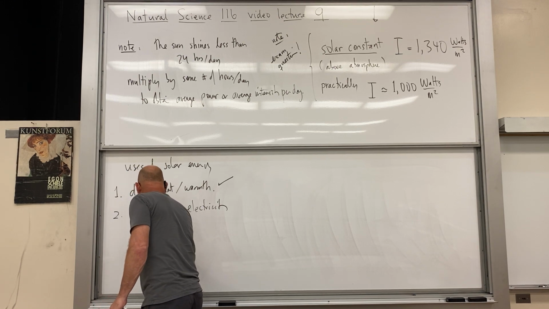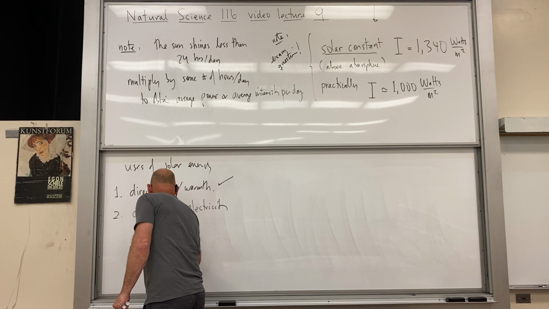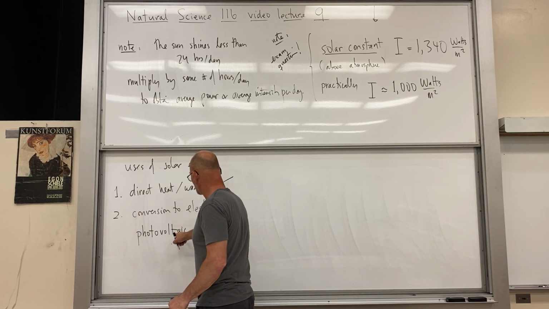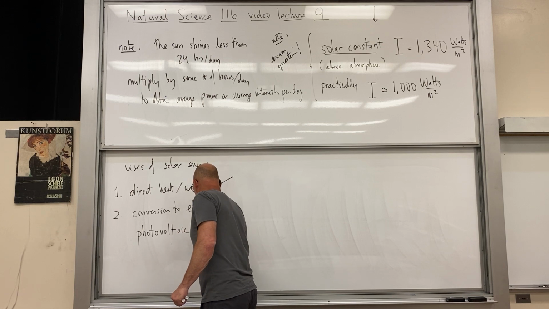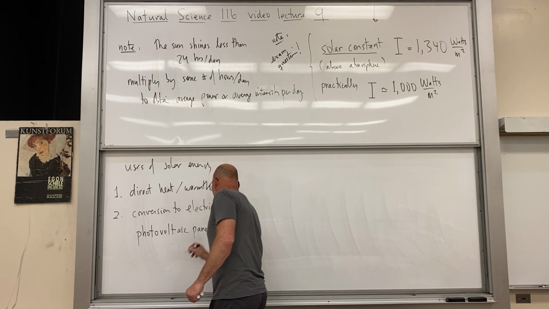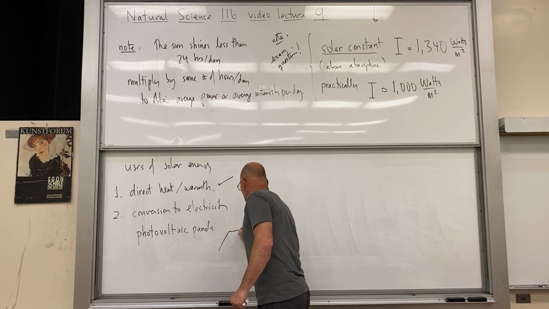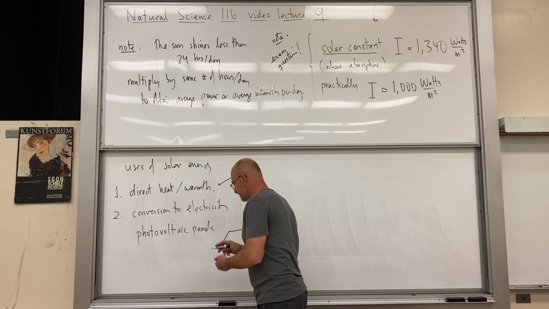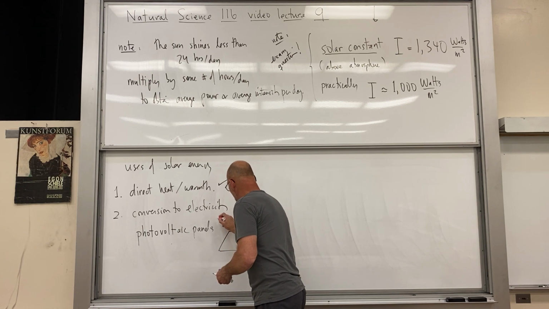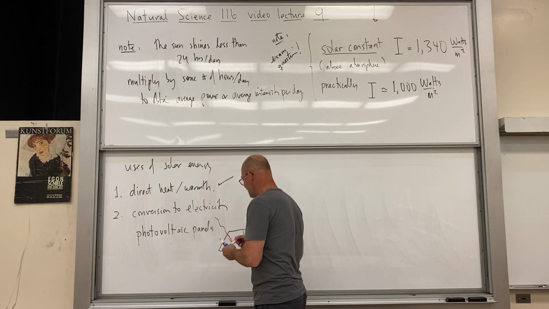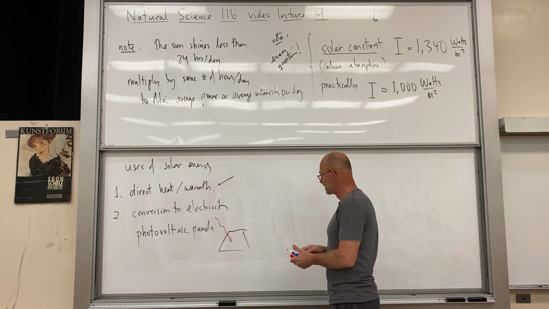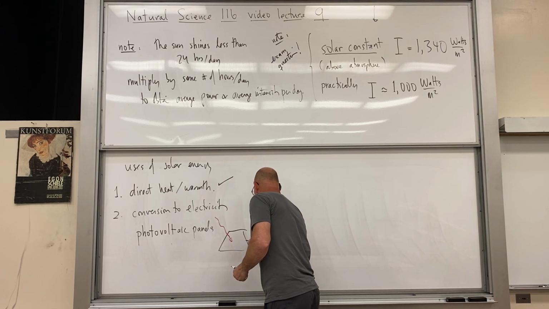So first I'm going to write photovoltaic panels, and there's that rooftop panel. You've got sunlight shining in on it. There's our red arrow, and you've got some electrical power.